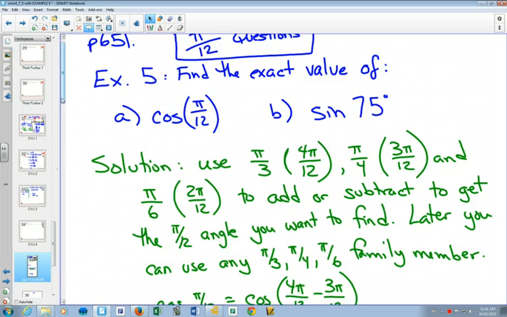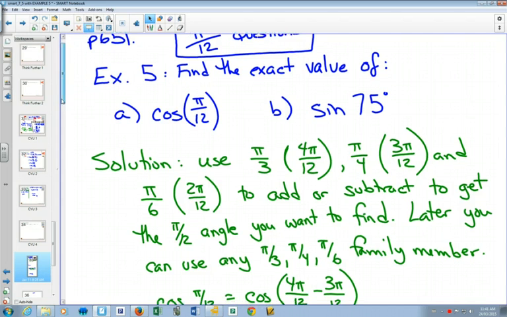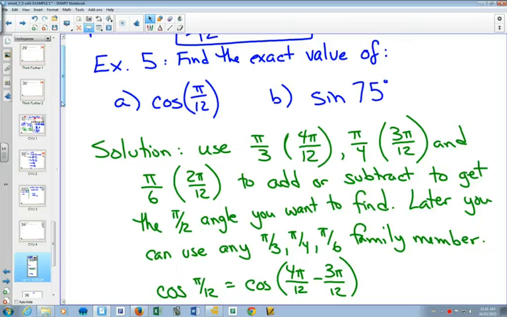So we're going to try to find the exact value of cos of pi over 12, or sine of 75 degrees. And in green here is the strategy that we're going to use: the values that we know. We know our pi over 3, pi over 4, and pi over 6 families.